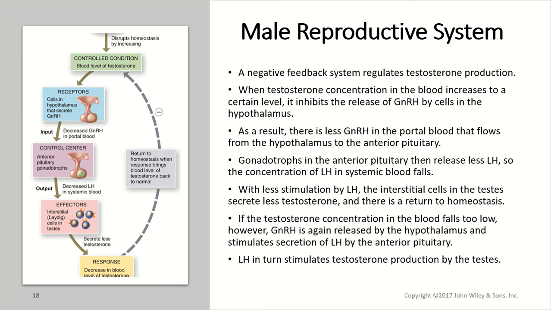If the testosterone concentration in the blood falls too low, however, gonadotropin-releasing hormone is again going to be released by the hypothalamus, and it's going to stimulate the secretion of luteinizing hormone by the anterior pituitary. And then this is going to allow luteinizing hormone to, in turn, stimulate testosterone production by the testes.